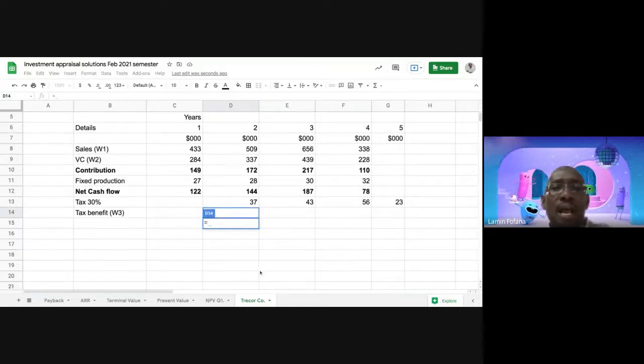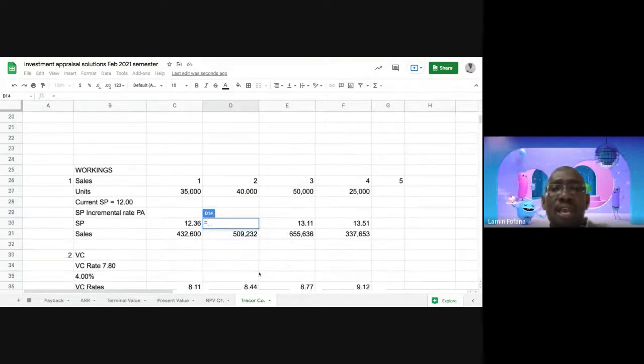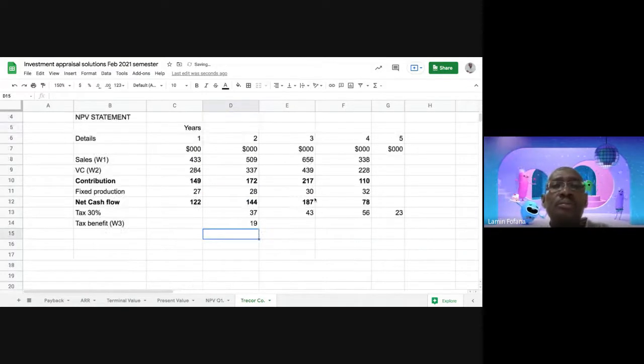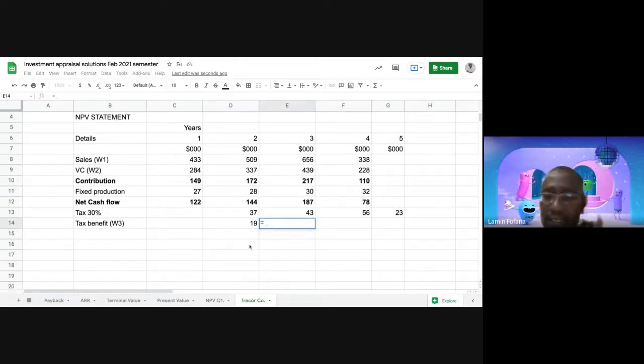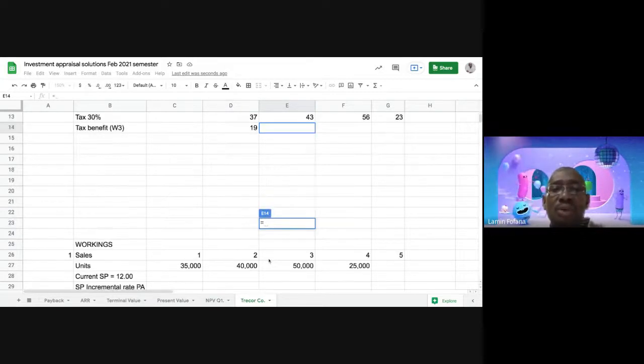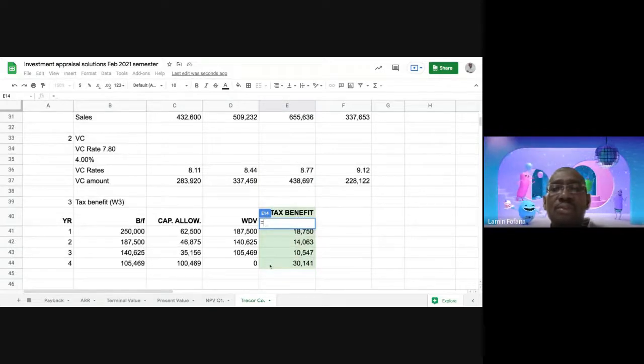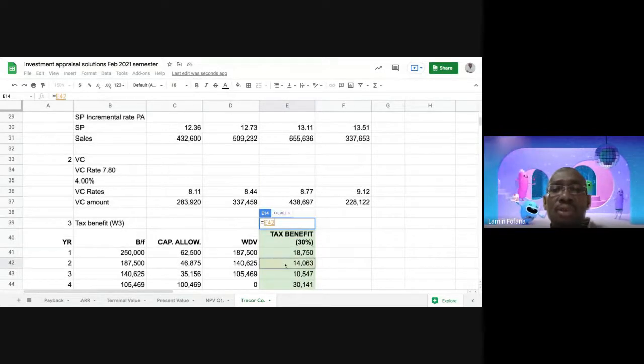Okay, Usman, I'll come to your question. So we say this divided by 1,000. Because the layout is different, we cannot just replicate, so we have to do it one by one. I just thought I could do that automatically, but it's not allowing me. So we go here, divided by 1,000.